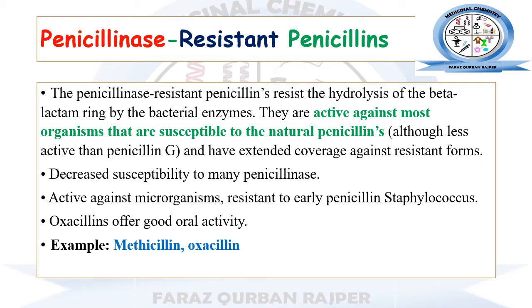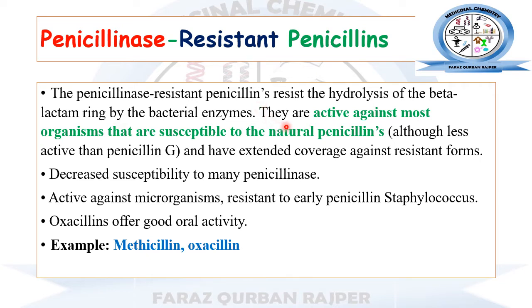Penicillinase-resistant penicillins. This is another class of penicillins that are resistant towards the attack of the penicillinase or beta-lactamase enzyme, meaning they will not be affected by the beta-lactamase enzyme. They have resistance towards the beta-lactamase enzyme, and that resistance has occurred due to the presence of certain functional groups in the acyl amino side chain. Clear?